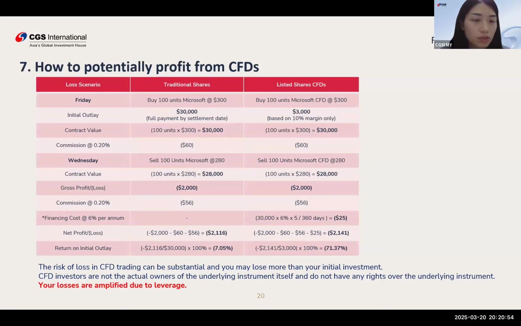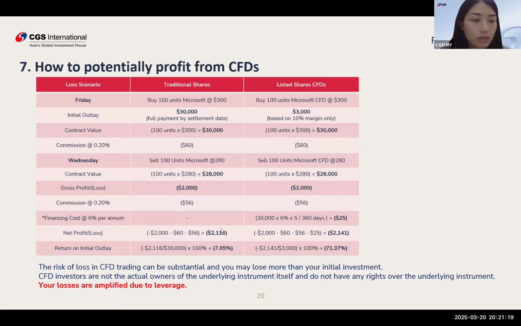So you are actually losing $2,000. This is your trade loss. And the commission fee of 0.2% is charged based on the contract value of 28,000, so you get charged $56 for both cases. And same for the financing, you also get $25 of charges.